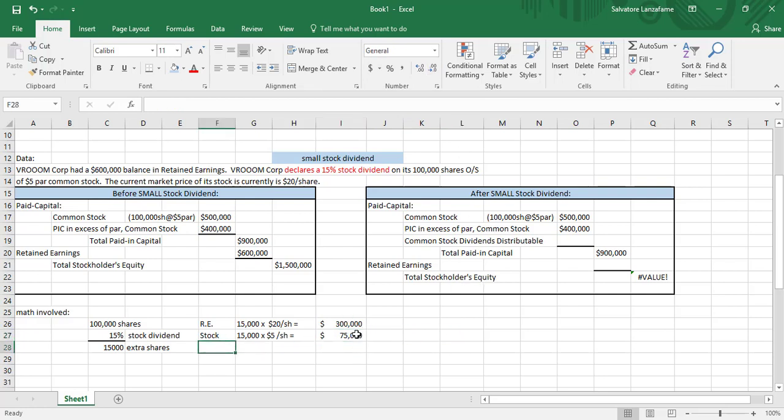And notice that there's a difference between the 300,000 and the 75,000. That's going to involve our paid-in capital in excess of par, because the par value is 75,000 and the retained earnings is going in at 300,000. So we're going to have excess, and we're going to take that 15,000 one more time and multiply it by the difference between the 20 and the 5, which is 15.